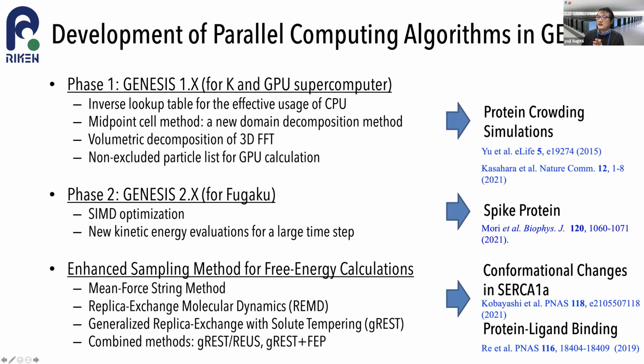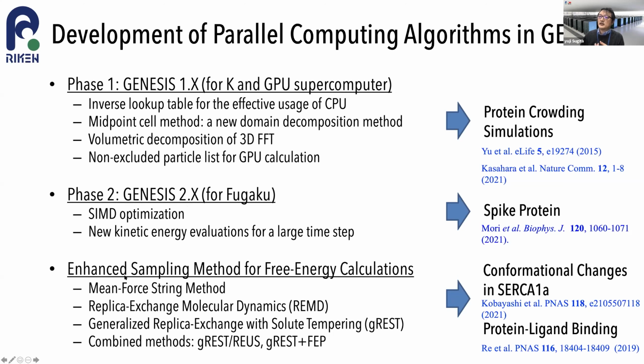Today I would like to discuss our development of GENESIS in terms of 3 efforts. The first one, which I call phase 1, is GENESIS version 1, and this is basically for the K computer and GPU clusters. The second phase is a more recent effort, GENESIS 2.0 for Fugaku supercomputers.